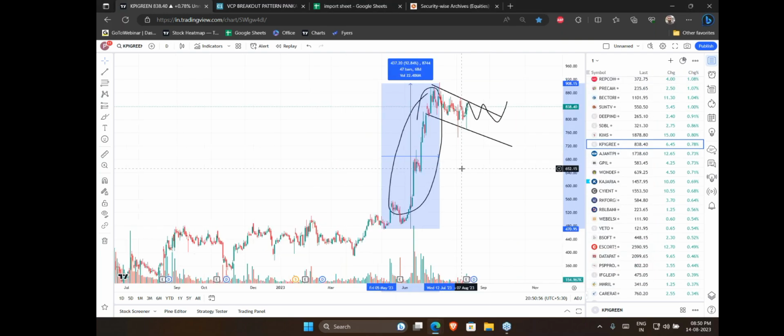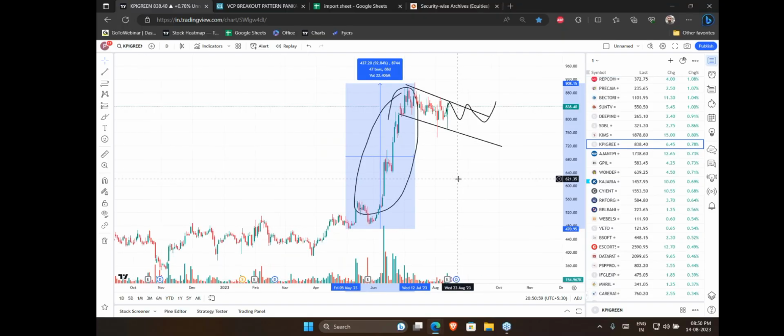Everything is visible in the chart. Every data point is visible on the chart. All you need to do is watch it with the eyes of an eagle.